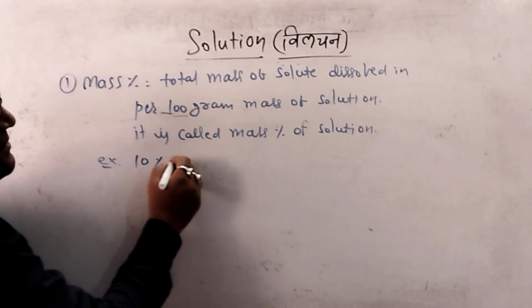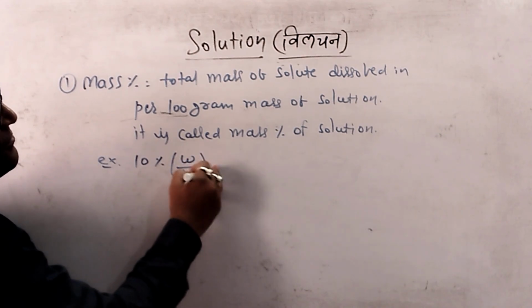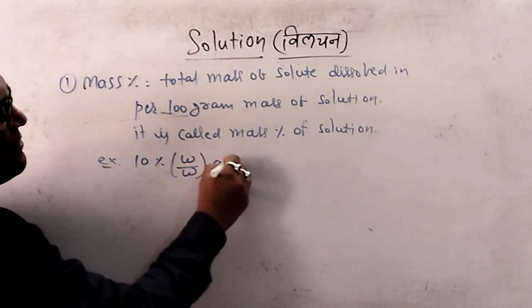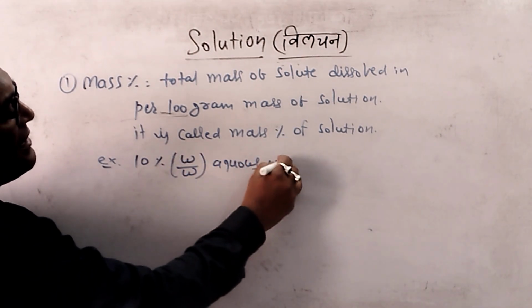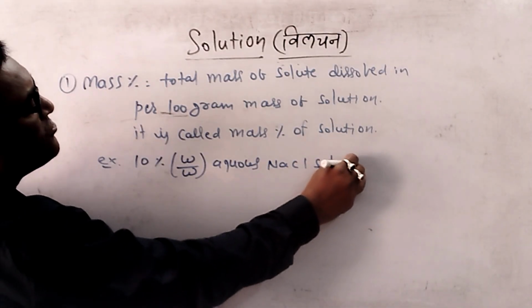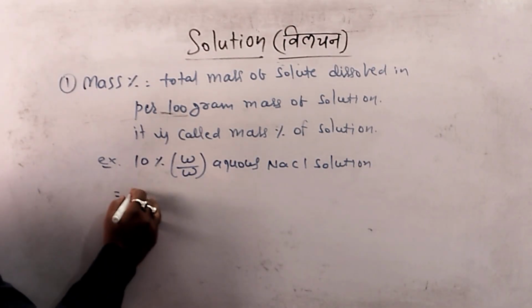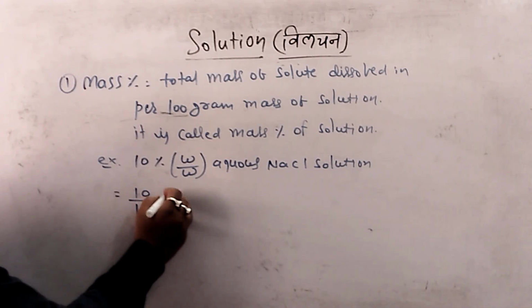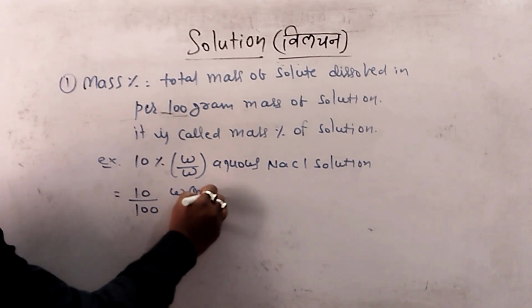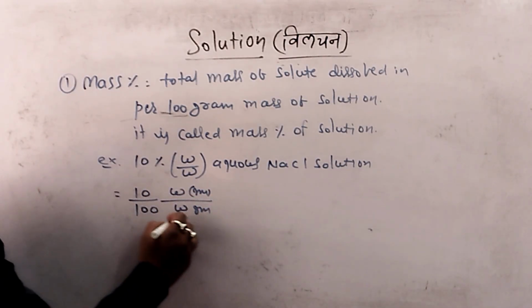10% W by W NaCl solution. What is the meaning? 10% means 10 by 100. W by W means gram divided by gram.